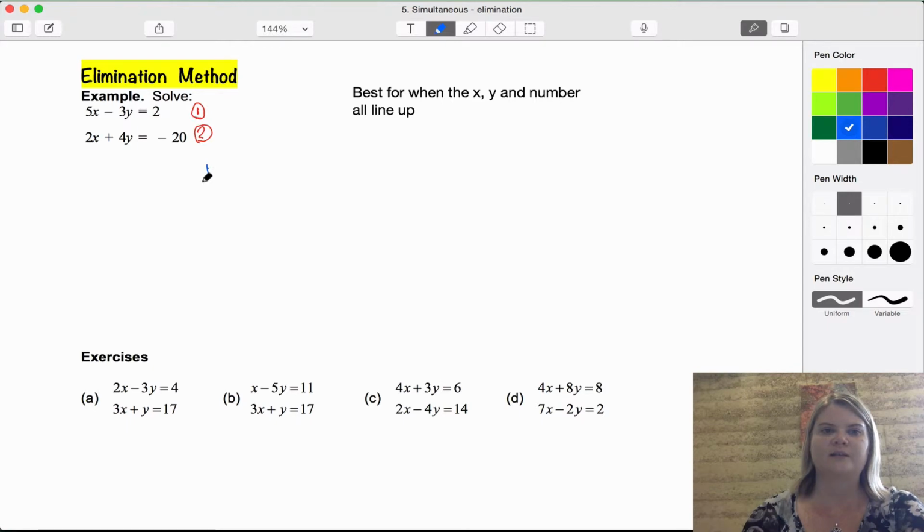Really doesn't matter. I will do equation number 1 times 2 and equation 2 times 5, and I will get, make sure you multiply every term, 10x minus 6y equals 4.